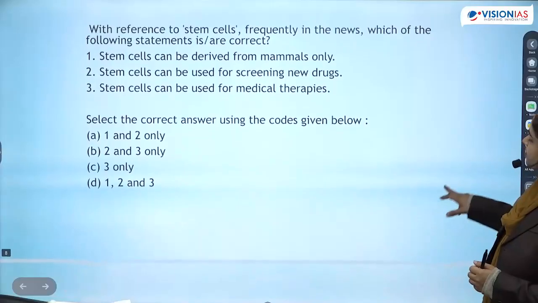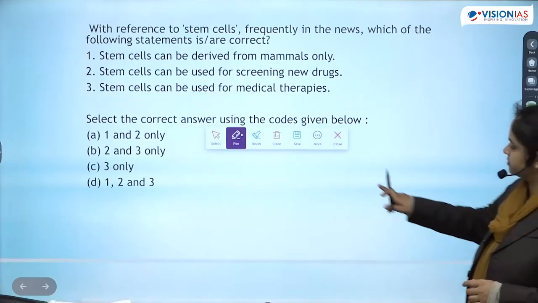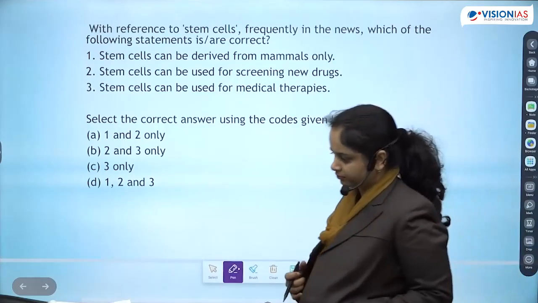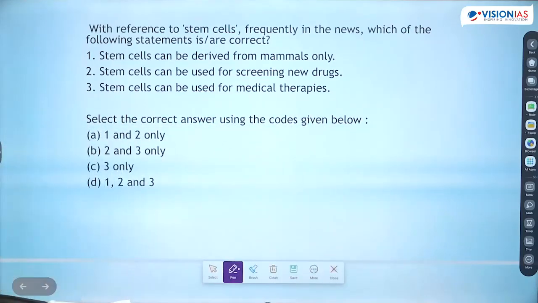So this is a prelims question, which now you are going to solve and tell me the answer. People online, any answers? C, okay.